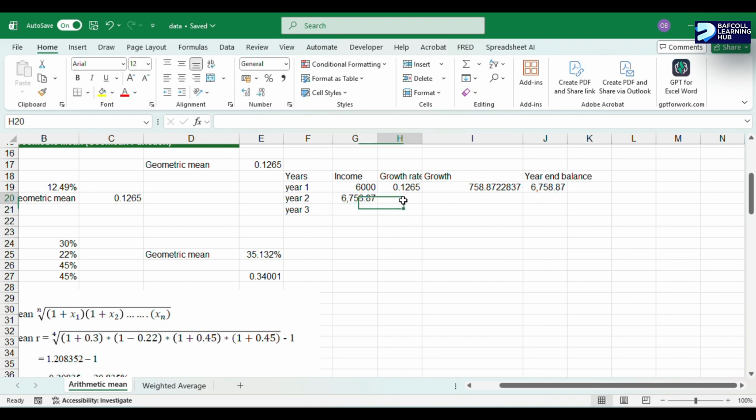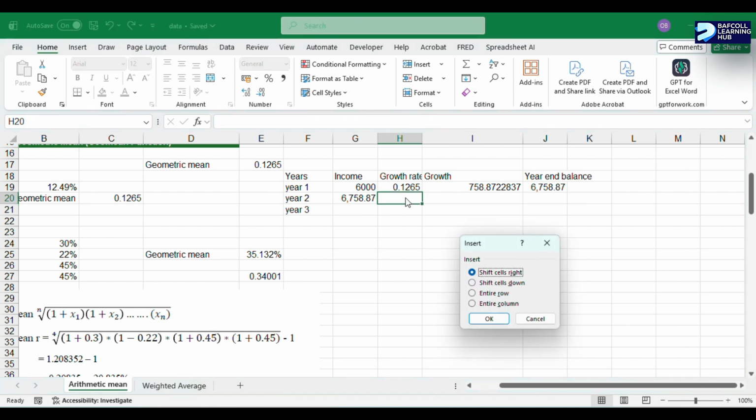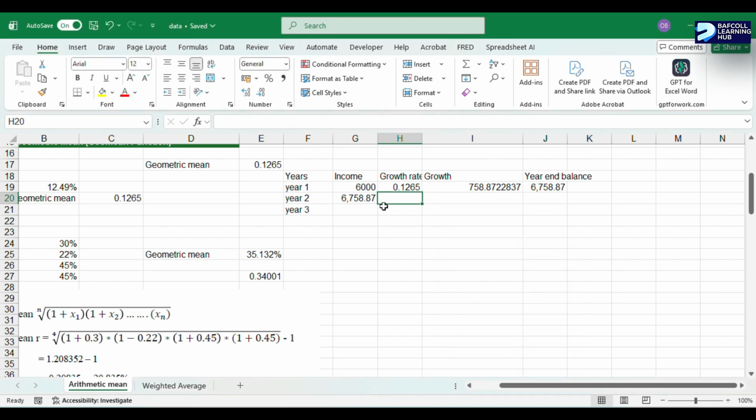Then we know the growth rate. Just copy it using Control Shift and the comma sign, to copy from the cells above. We've already written the formula over here, so you can either drag down or copy the formula from one cell to another.